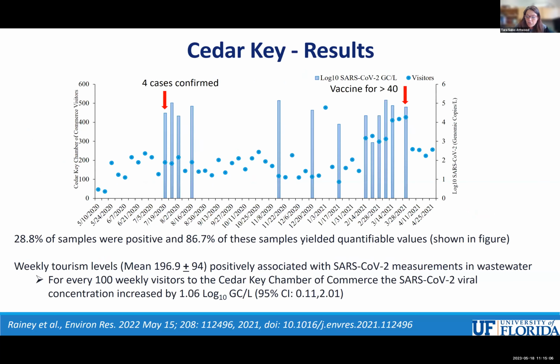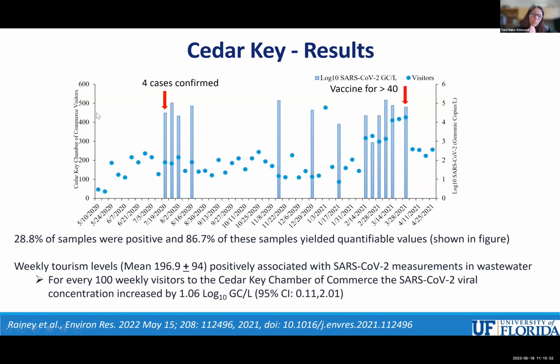And so I'm just going to show you some summarized data that came out of this study. Almost 30% of the samples that we tested across the year were positive, and most of those yielded quantifiable results. The way that we like to present the results for SARS-CoV-2 is in genomic copies, and so that's how the data is presented here.